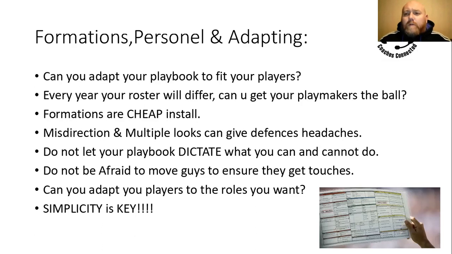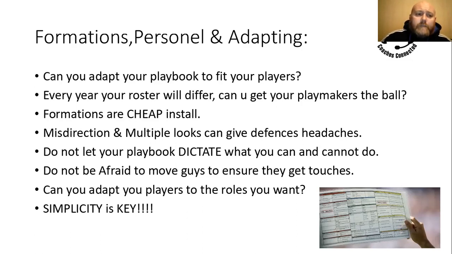But is your playbook adaptive enough to fit the perils and the trajectories of different things each and every single year? For example, one year you may have a stud QB, the next year you may have no QB. Can your playbook withstand that drop off from year one to year two, and so on and so forth?